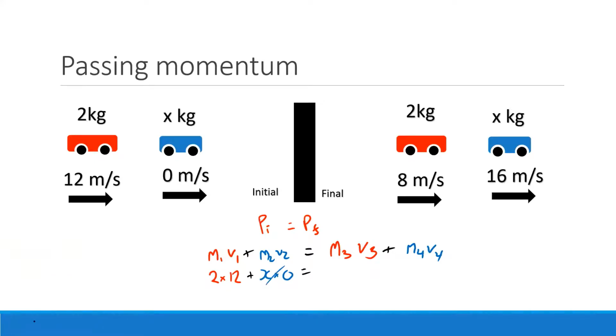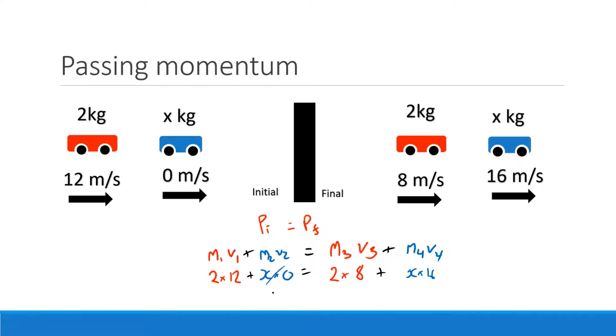On the right, the blue cart has a mass of X and it's moving at 16, whereas the red cart has a mass of 2 moving at 8 meters per second. It's still moving forward, so we use positive 8, but if it was moving backwards, we might be using negative 8. But that's okay.